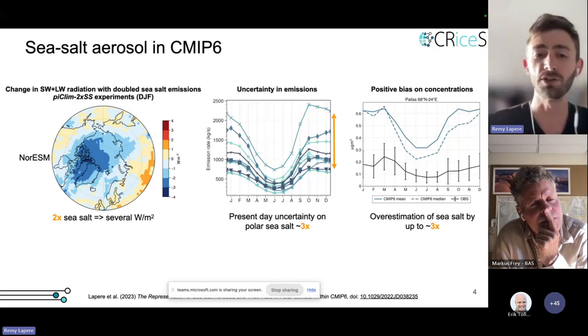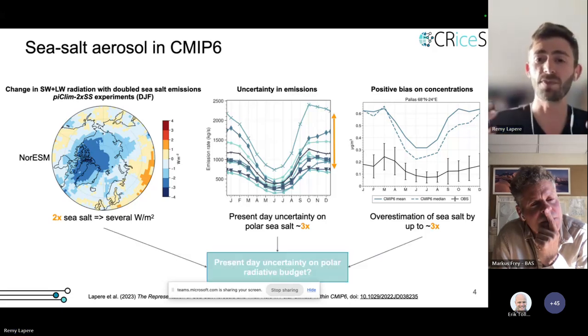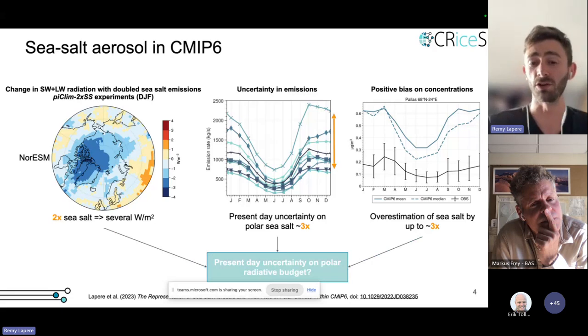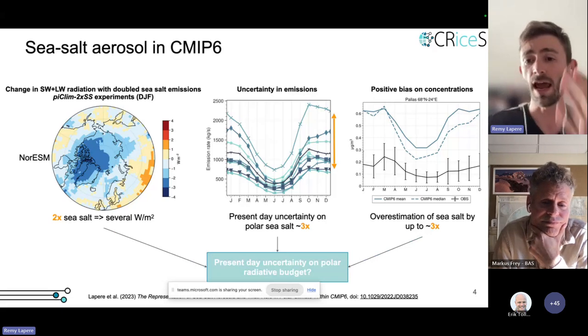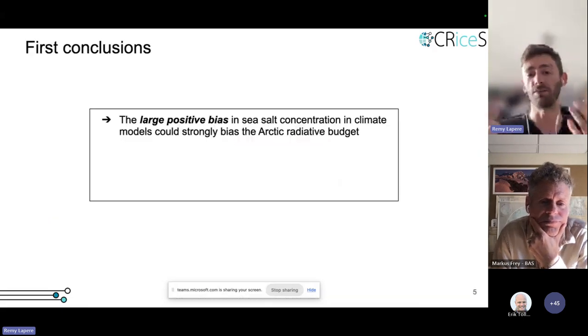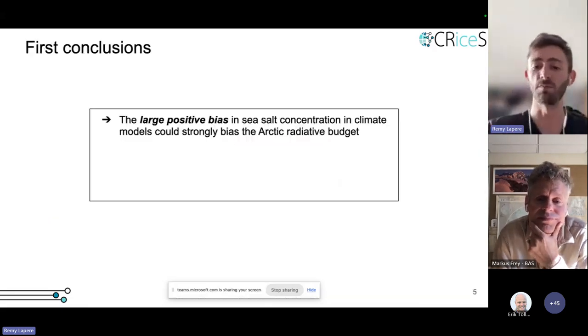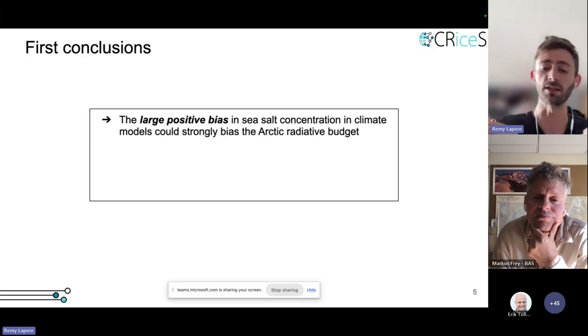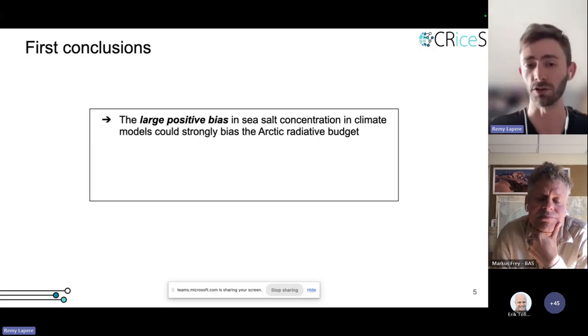So if you combine all those pieces of evidence, it's fair to say that there's quite a big uncertainty on sea salt aerosols at the poles in climate models that could introduce a bias of several watts per meter squared. And because there is a positive bias, an overestimation of sea salt, maybe the cooling in the Arctic is a bit too strong in climate models compared to what it should be.